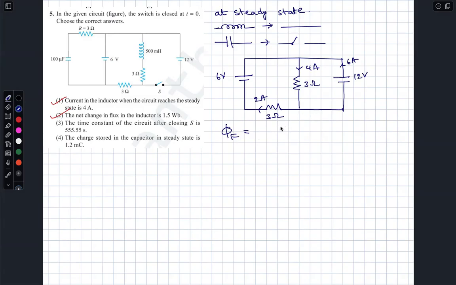The final flux is 500 into 10 power minus 3 into this is L and 4, which is 2 Weber. The initial flux is due to the steady state current of this part.